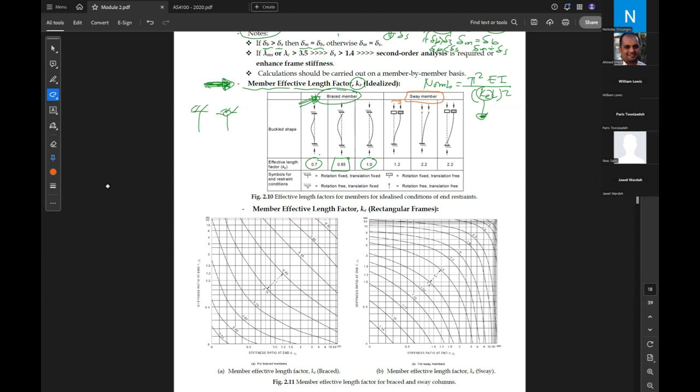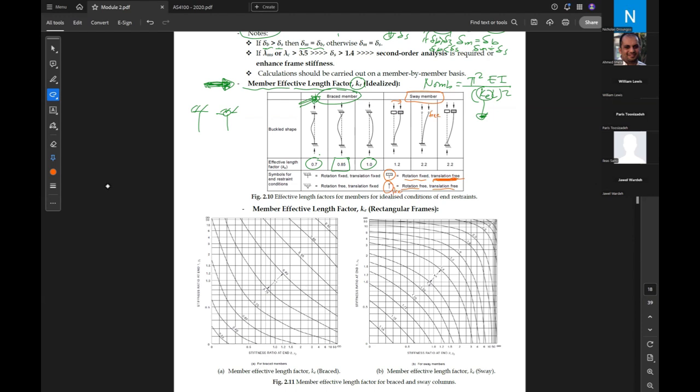So we have other types of supports here, like rotation fixed but translation free. This support is preventing rotation but allowing translation. If it is like this, this means rotation free and translation free, so this point is a free point.